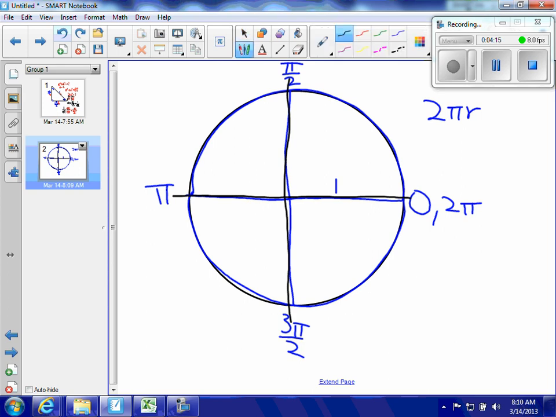So I know I have 90-degree angles for each of these little spots right there. What I'm going to do is bisect those 90-degree angles. I'm going to cut them in half. I go like this.